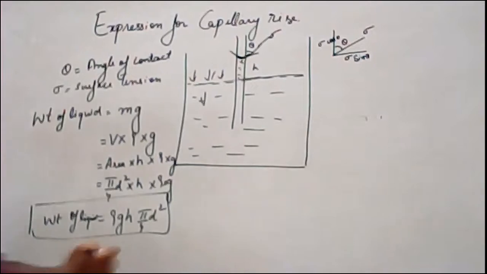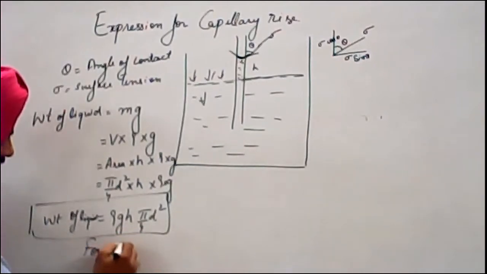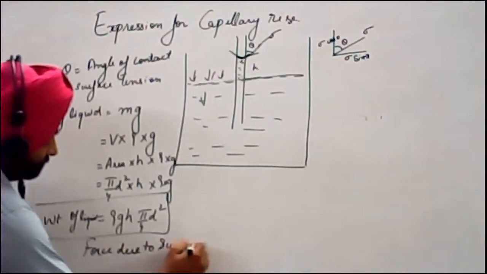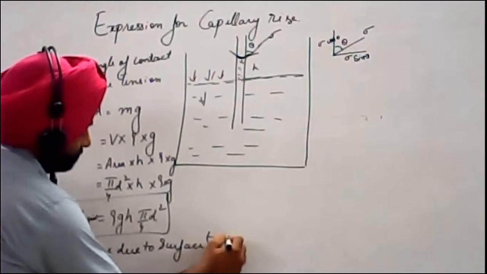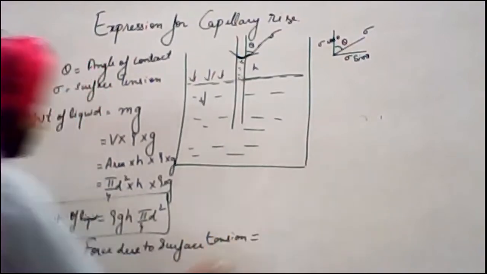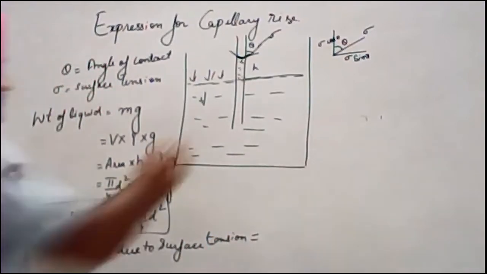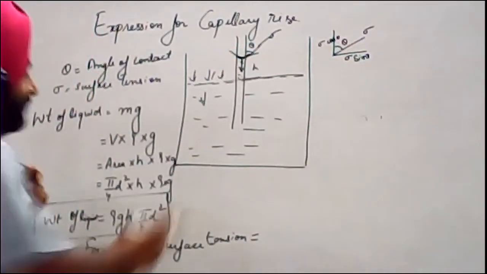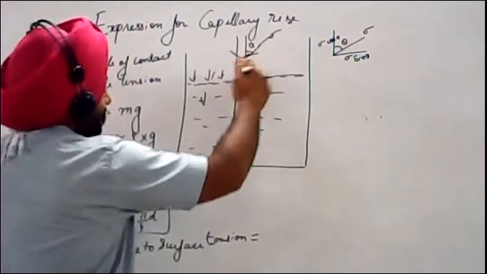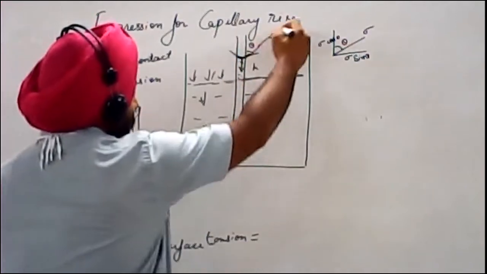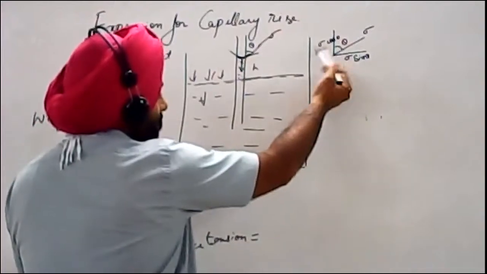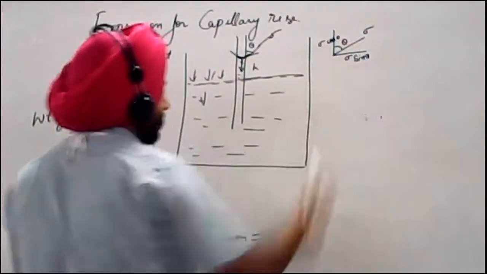Now let us calculate the force due to surface tension. Now this weight is acting downward, and surface tension is pushing it in this direction. The meniscus is in this direction. The curve is in this direction. We have taken two components, sigma cos theta and sigma sin theta.